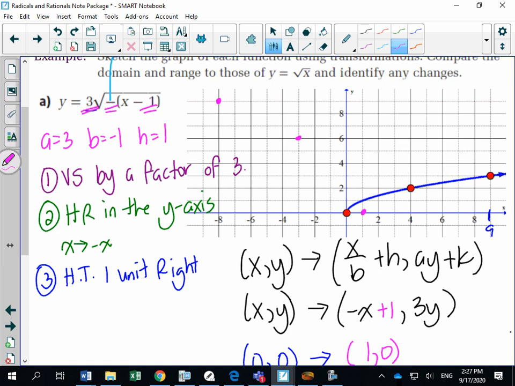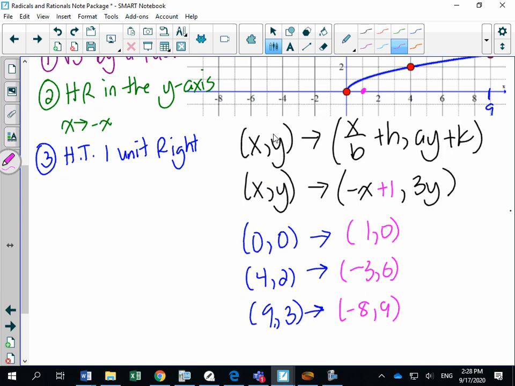Now, before you connect those 3 dots in a nice curve, because we are cutting the y-axis, I should find out what that y-intercept is. So in order to calculate a y-intercept, what we do is we let x equal 0. So we need to take the equation of our graph.